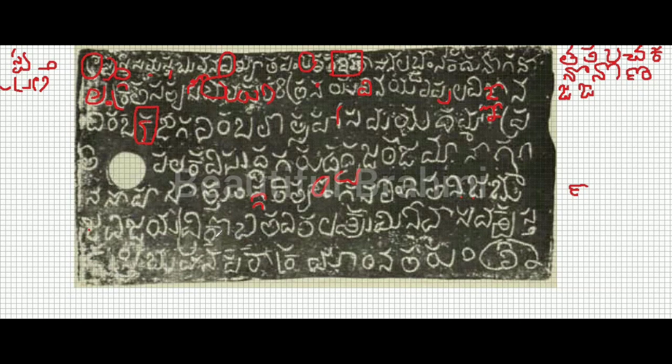Then it says Vrikochita, Vrikochita, Veera, Lakshmi, Lakshmi Nivasa, Vaksha.